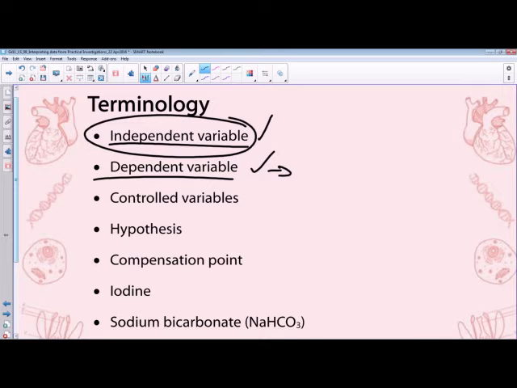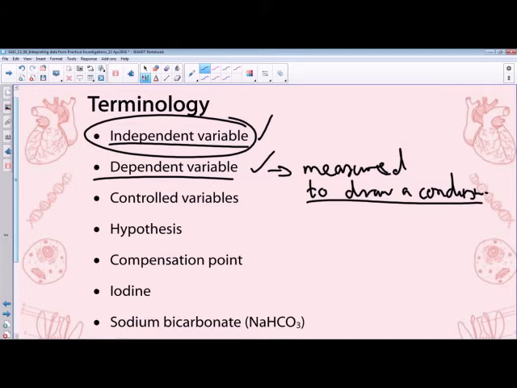And the best way to remember that is, what have you measured that helps you draw conclusions? So what you measure to draw a conclusion. So what is that set of values, or variables, that you measure that helps you draw a conclusion? And the answer is often the dependent variable. Your control variables are what you have controlled in this experiment or kept constant that allows you to get reliable, fair and consistent results.